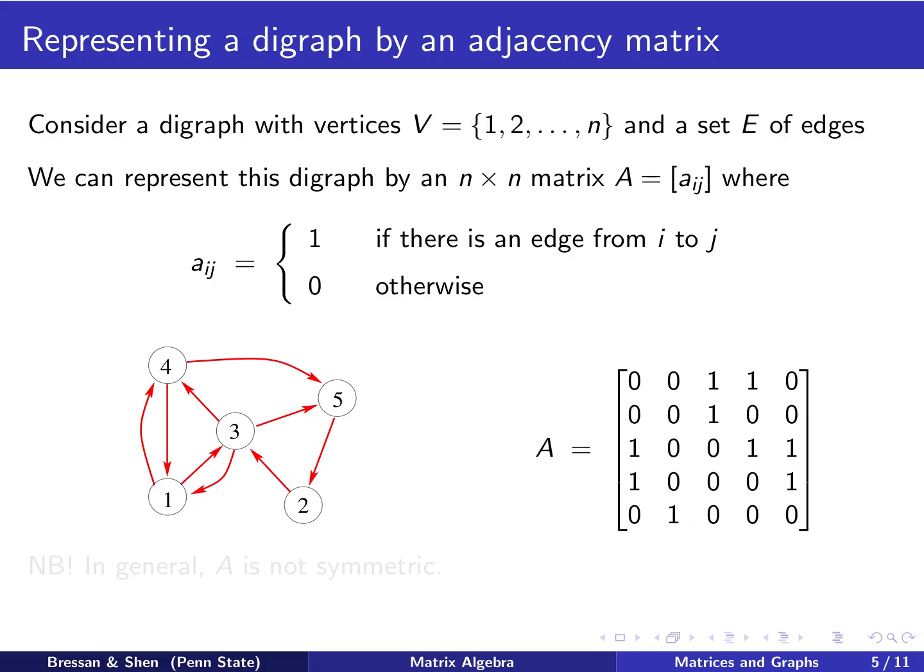So you go through all the edges with direction and fill those positions with 1, and the rest will be all 0. So we see again that the diagonal of the matrix is 0, because a node is not connected to itself with an edge, with direction or not. We want to stress again that in general, A here is not symmetric.